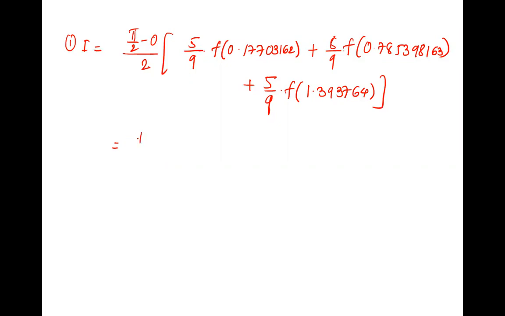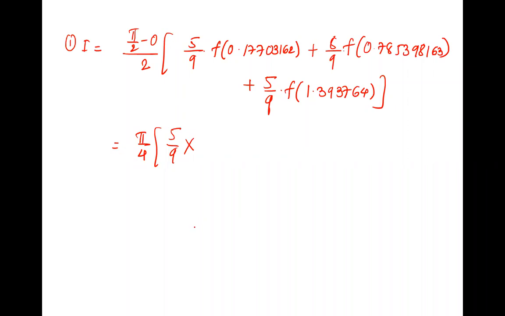But what is our function? Pi by 2 by 2, this is 0, cancel, pi by 4. The function is sine, so put sine x on your calculator. Calculate sine x, but first make sure the calculator is in radian. Calculate for 0.1770316.